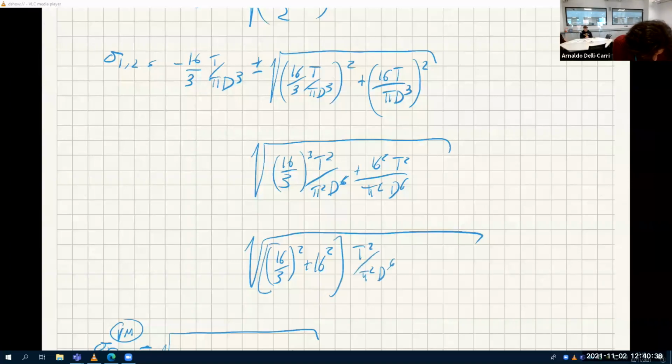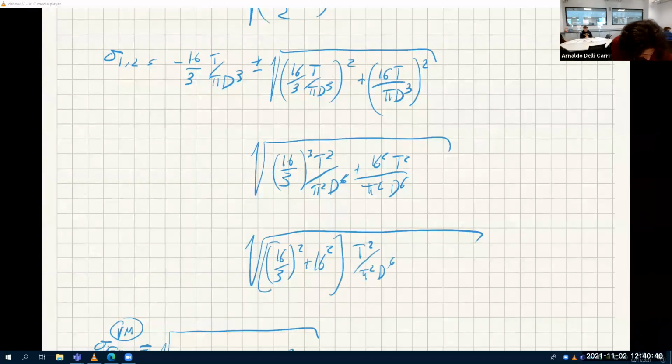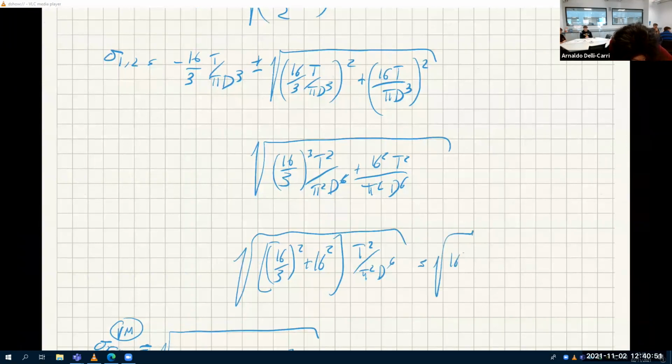Agreed? Yes or no? And so this becomes the square root of 16 squared divided by 3 squared plus 16 squared times t pi d cubed. Do you agree with me? So how much is this number? Can you give me how much is this number? Very important.